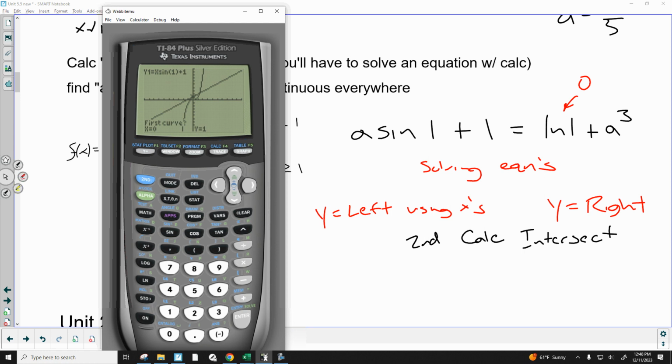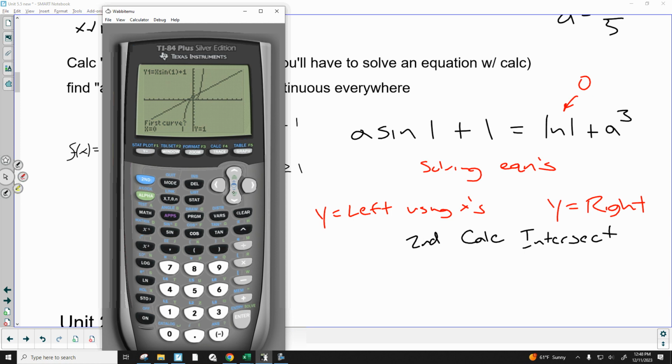This is important if you have more than 2 things graphed and you want to find the intersection between just 2 of the 3. It says first curve, question mark. You can press up and down and it changes the equation that you select. So if you press down, you can see it changes to the x cubed equation. If you had a third one, you'd press down and it'd go to the third equation. But usually you only have 2 graphs, so you're fine.